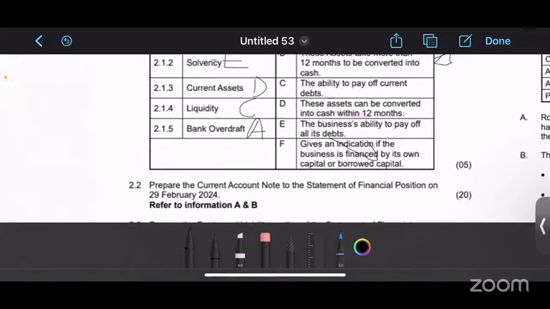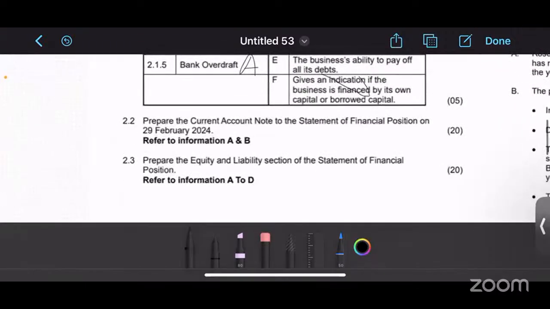No questions. Okay. Prepare the current account note to the statement of financial position on 29 February 2024. And we are not gonna do that. Or should we do that? Yes, ma'am. We can.